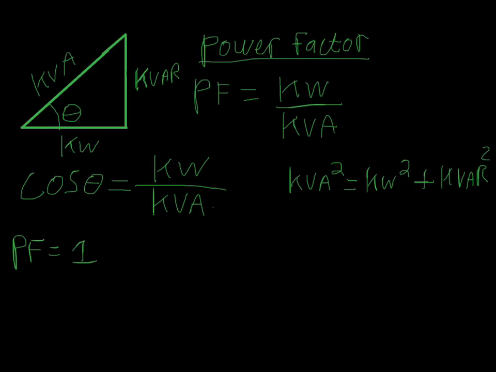So the total sum squared of the apparent power is equal to the real power squared plus the reactive power squared. So now you can start to see some of the relationships.